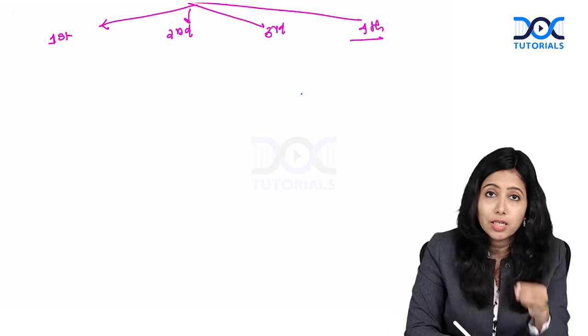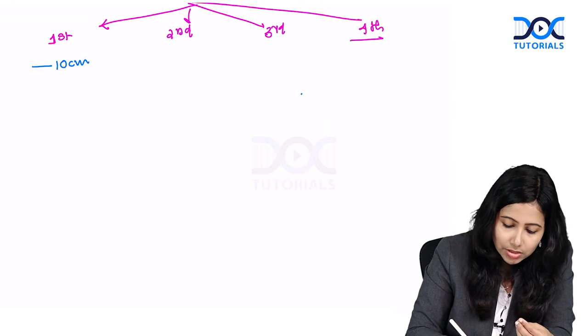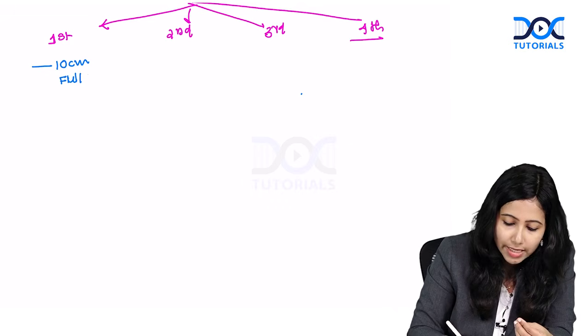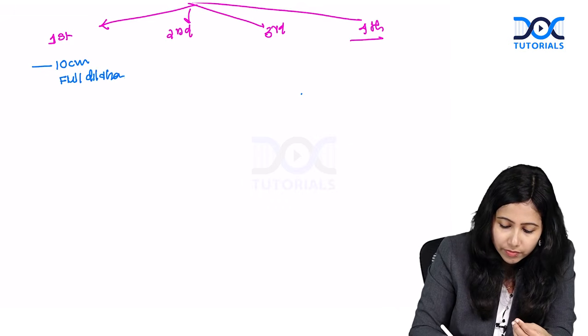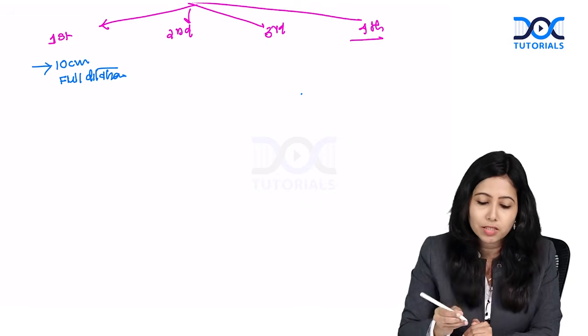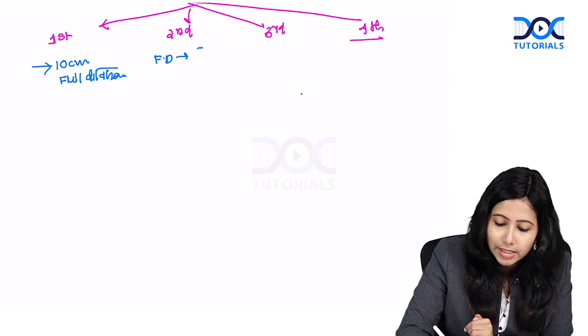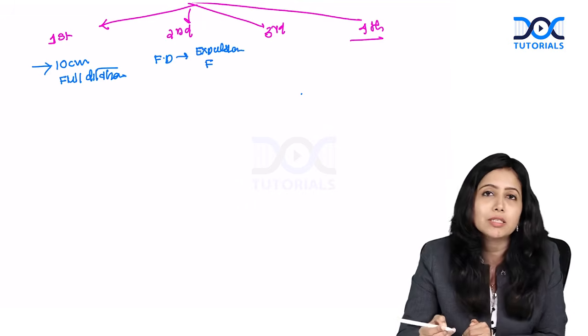From the onset of cervical changes till full dilation, that is 10 centimeter. Second stage is from full dilation till the expulsion of the fetus.